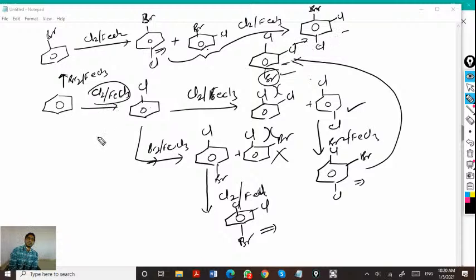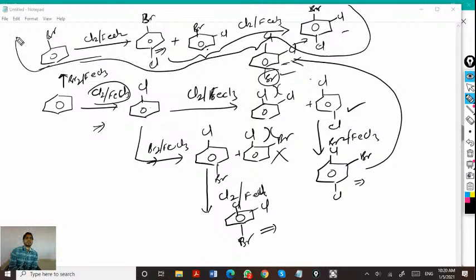Among all the ways we discussed, the best way is this one. You need to identify the best way to reduce the wastage of product. When two products are forming, there will of course be wastage. Even though I am considering one as the major product, it doesn't mean the other product is not forming.